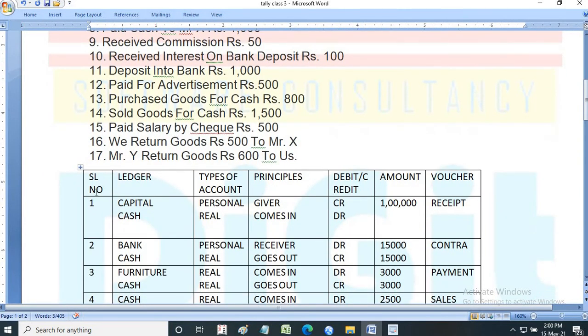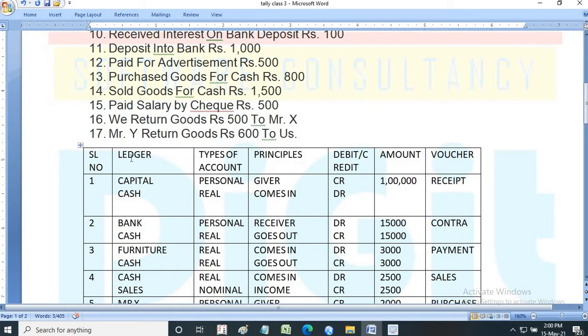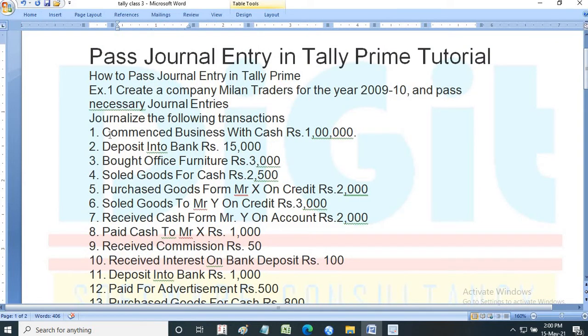So in this table you can see the ledger, what ledgers are involved here. This is capital account. And you see, in double entry system at least 2 ledgers will be there. If one is capital, the other is cash.